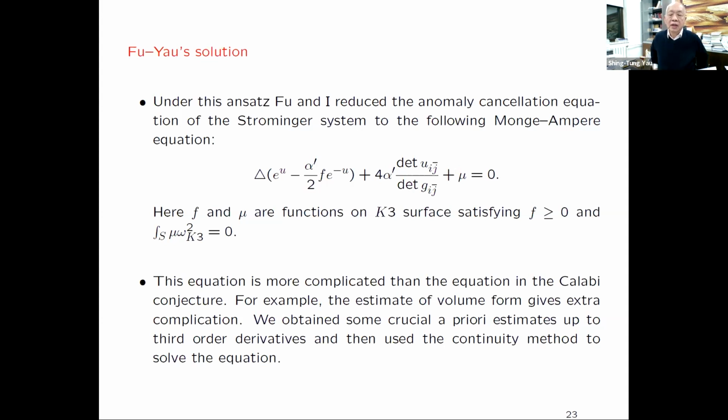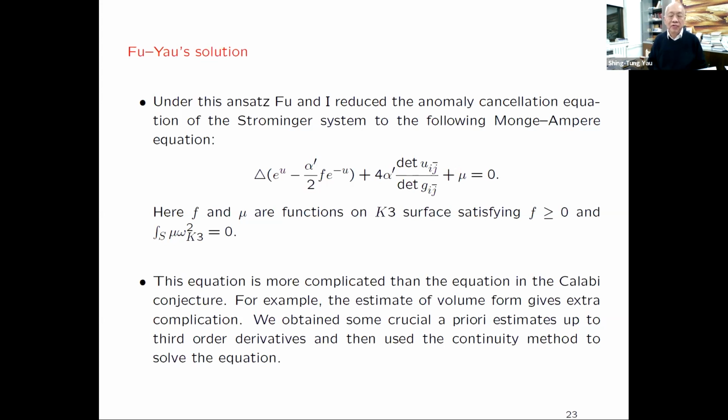Alpha prime is a coupling constant, a string constant. So this is a Monge-Ampère type equation we need to solve. This equation is somewhat similar to the equation appearing in the Calabi conjecture, but not the same, because we have the Laplacian term appearing here.